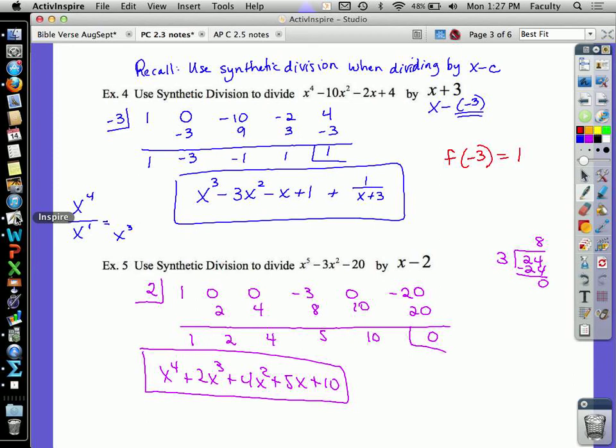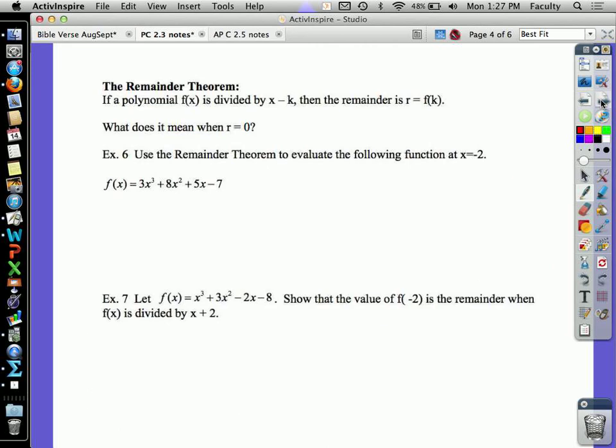I can still get the answer by doing synthetic division and looking at the remainder. And likewise in example 5, this is saying if I plugged in a 2, it's equal to the remainder, which would be 0. Oh, that's pretty cool. Okay, so that's what the remainder theorem is saying.